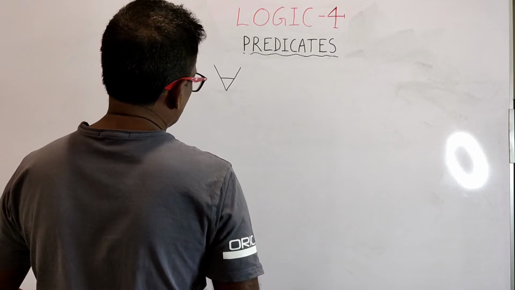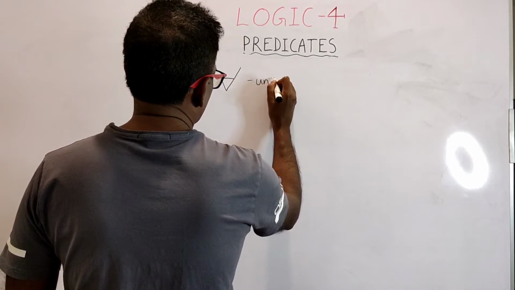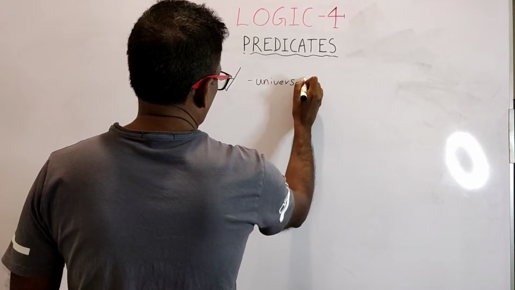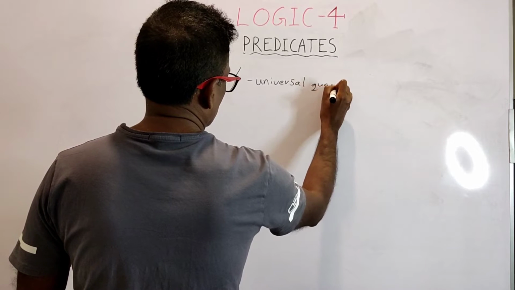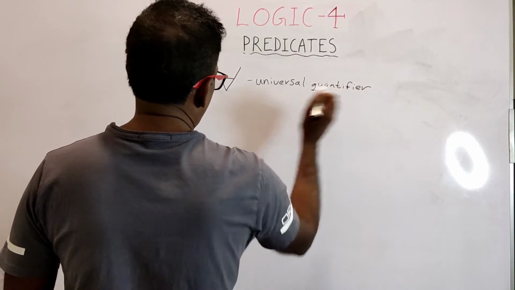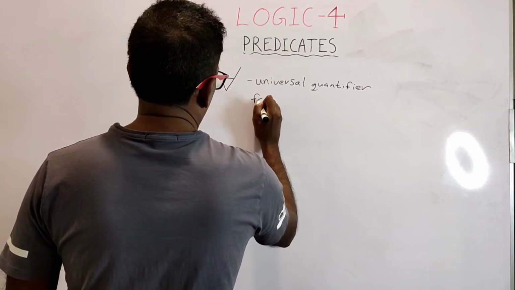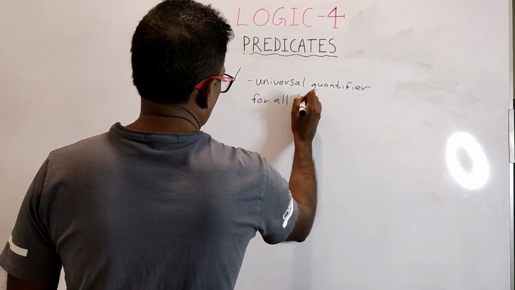Okay? So we call this the universal quantifier. This symbol stands for all or any.